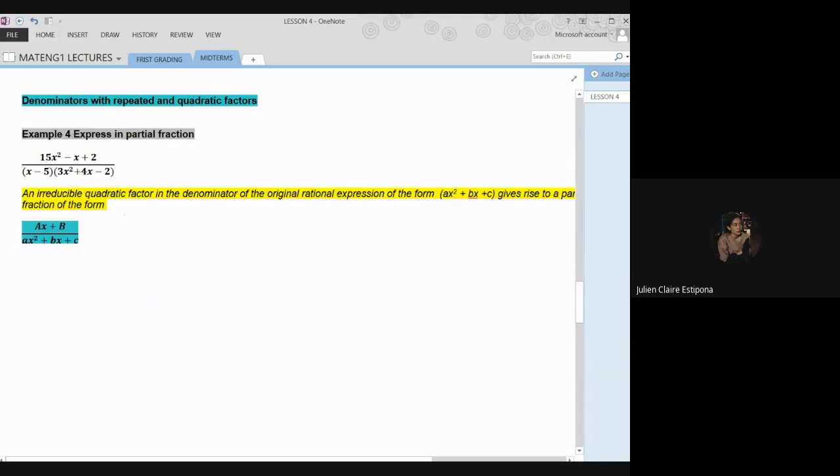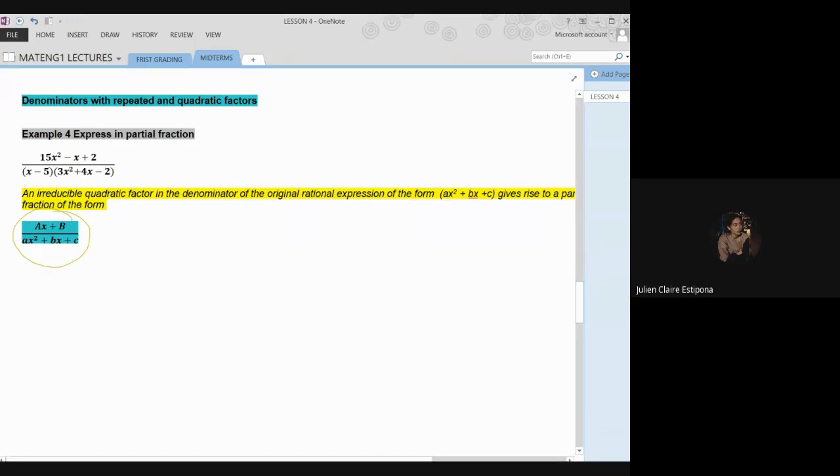So if we are going to rewrite this, since we have already the linear and then the quadratic, we follow the rule for this one, ax plus b all over ax squared plus bx plus c.